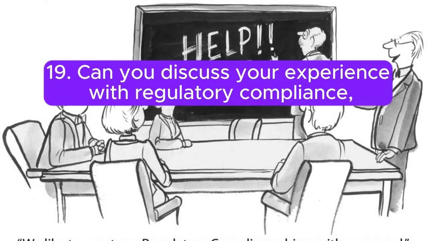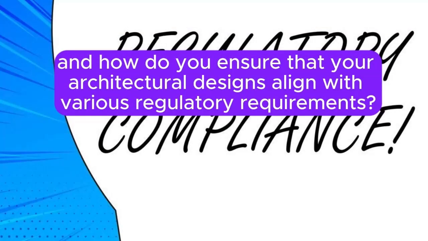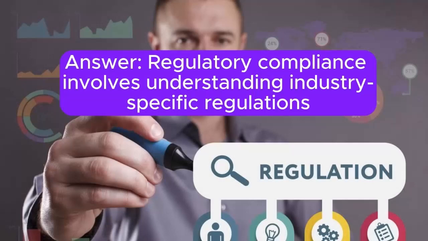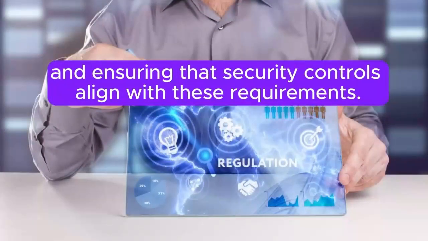19. Can you discuss your experience with regulatory compliance? And how do you ensure that your architectural designs align with various regulatory requirements? Answer: Regulatory compliance involves understanding industry-specific regulations and ensuring that security controls align with these requirements.